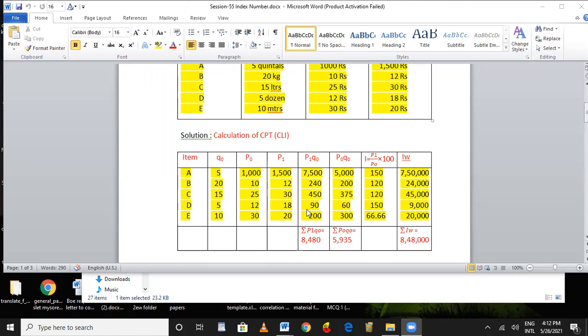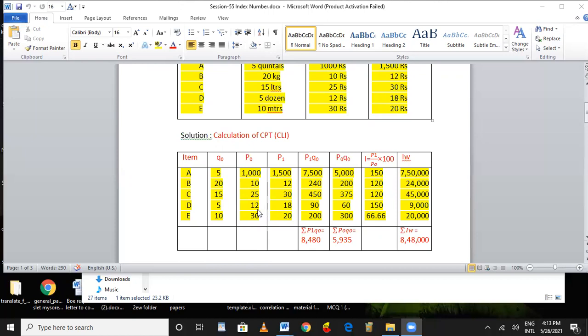We divide so that we get the price relatives I. 1500 divided by 1000 into 100, so I is equal to 150. 12 divided by 10 into 100, 120. 30 divided by 25 into 100, it comes to 120.